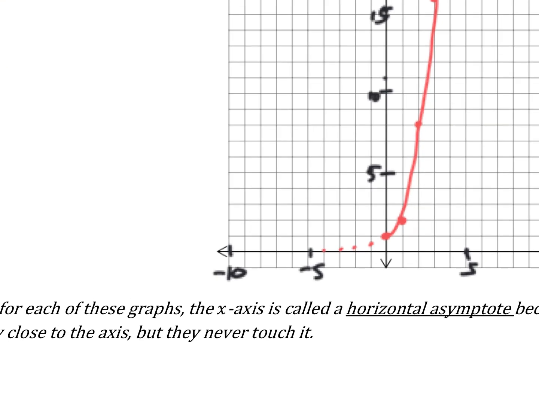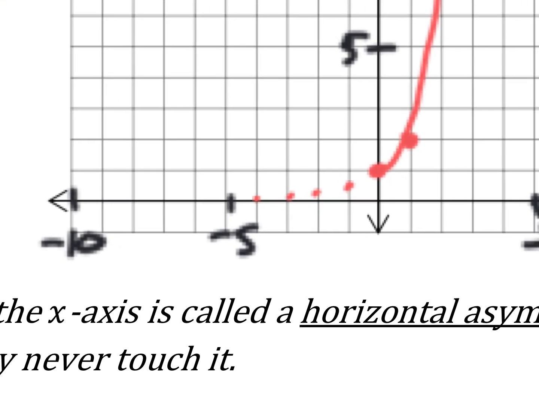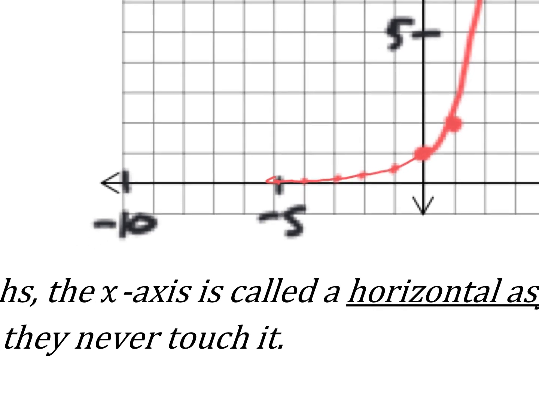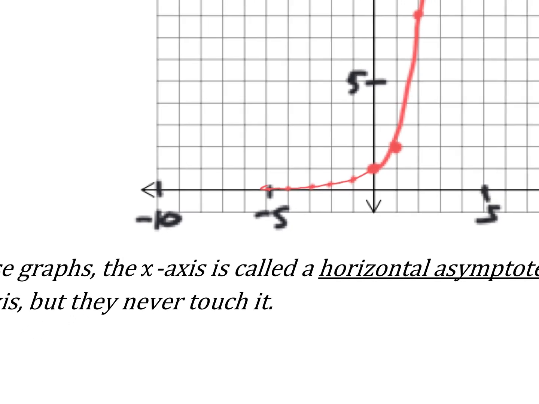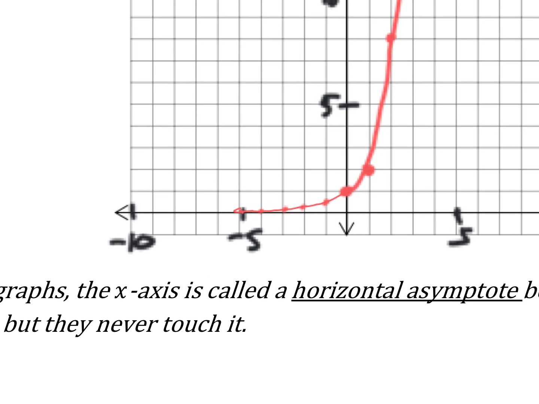Is it ever going to touch that x-axis? Is it ever going to be 0? That's an important question. And no, it's not. It's never going to be 0. It's going to get closer and closer, but we always have something there. So we'll always have half left. This is something that we call the horizontal asymptote.